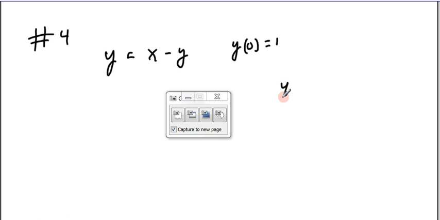And for an answer, we have y of x is equal to 2e to the minus x plus x minus 1. And that's not too clear, so we'll make that a little clearer. Okay, now you notice that on my spreadsheet I didn't really have an x, did I?